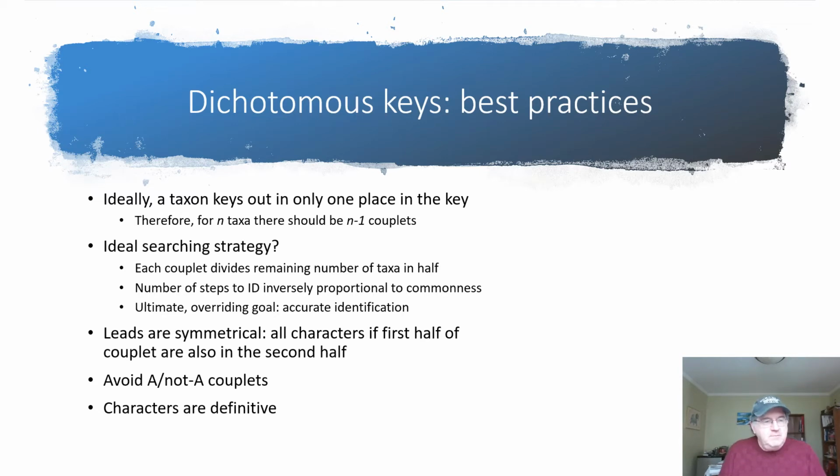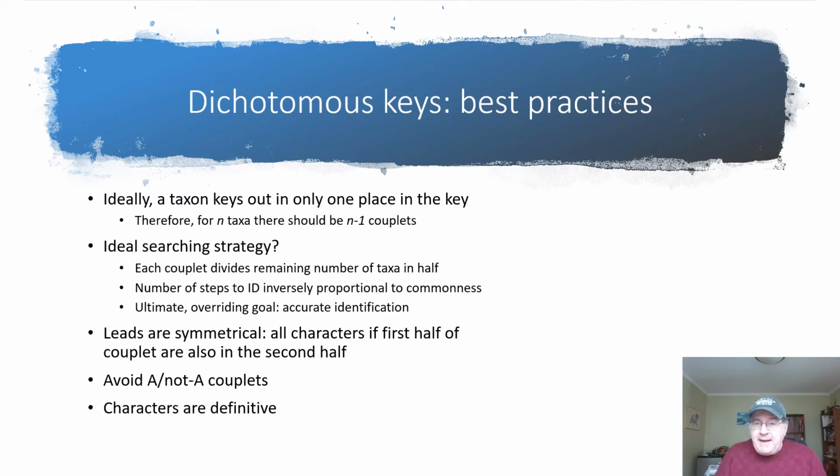I've seen some systematists claim that they want their keys to reflect the phylogenetic relationships amongst the organisms. You can set yourself any goal you want, but that definitely has to be a very secondary goal.